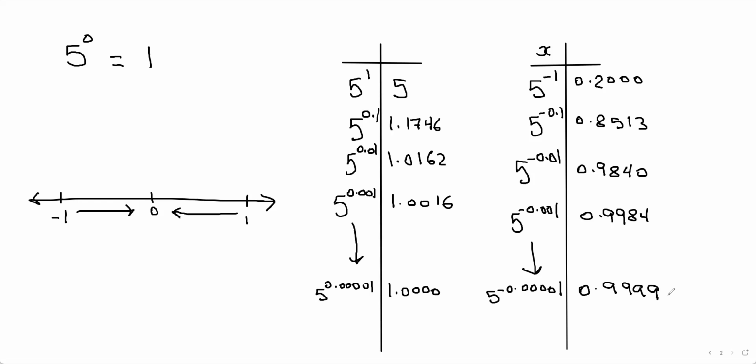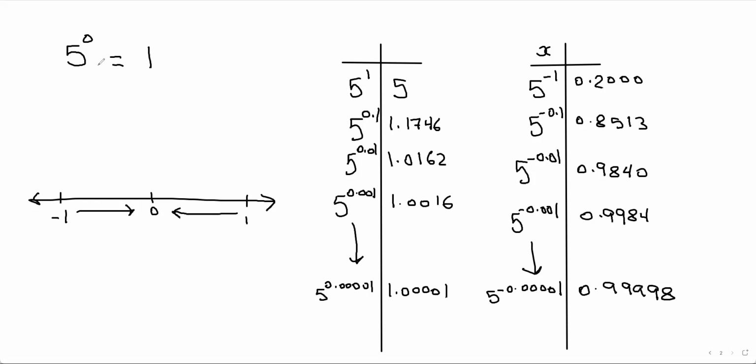But let's just throw in 1 more decimal here because it's 8. So we have this number. Now, you notice here we're getting very close to 1. If you want to look at the fifth decimal, that's 5 decimals, and here is 5 decimals. So 1.00001 and 0.99998, definitely we're getting closer to 1 from both sides.